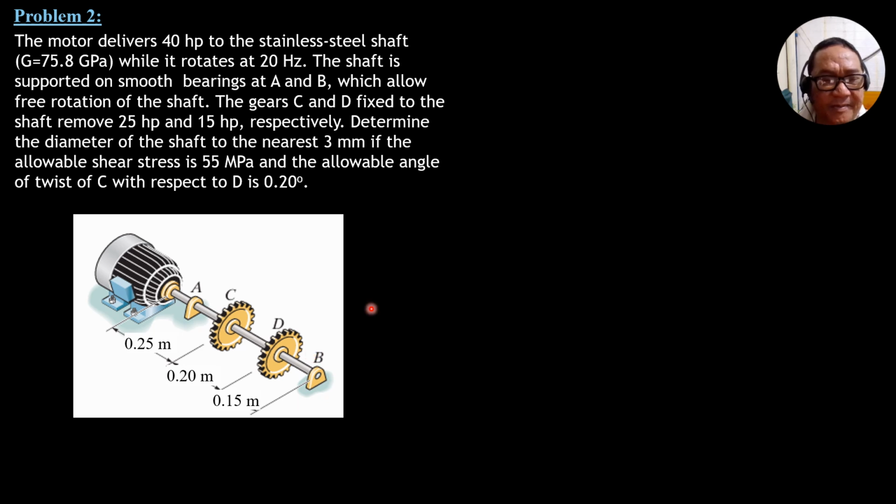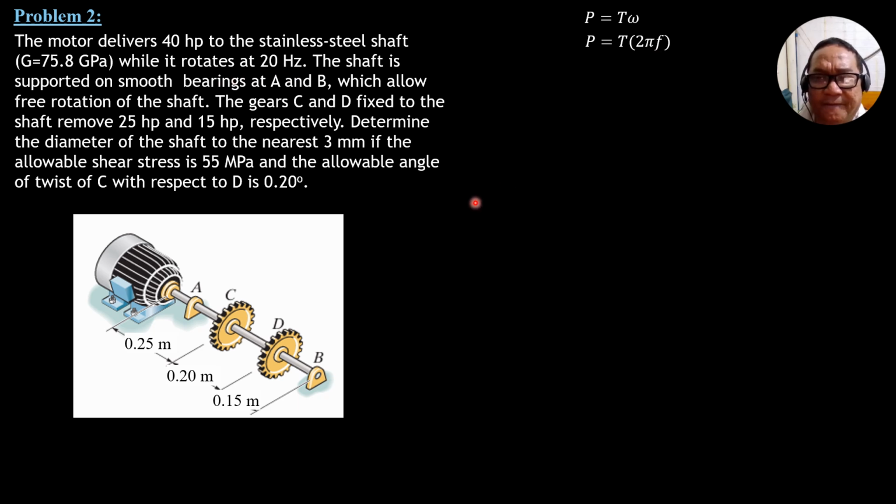So let's compute the torque at the motor side, at C and at D. Remember, power is equal to torque times angular speed in radians per second. We are given revolutions per second, or hertz, or cycles per second. So the formula for omega in radians per second would be 2 pi times frequency. So power equals torque times omega, and omega is 2 pi times frequency, where the frequency is 20 hertz.